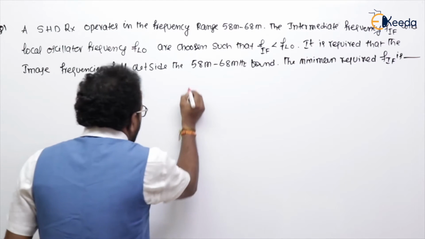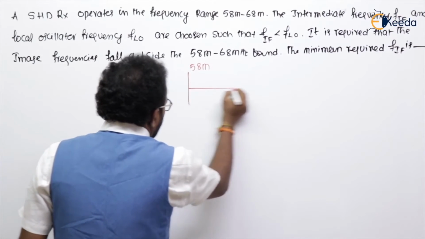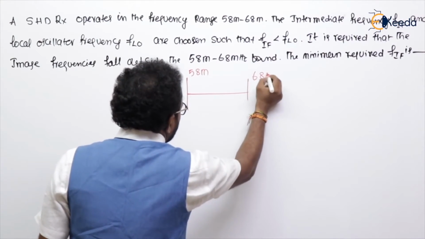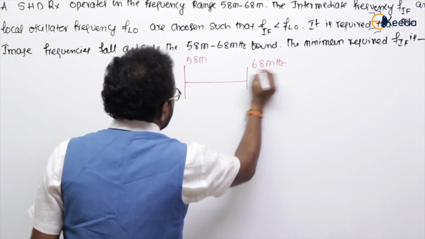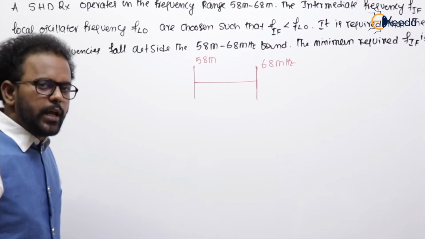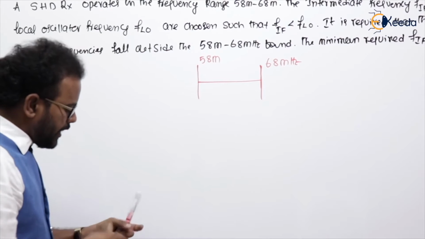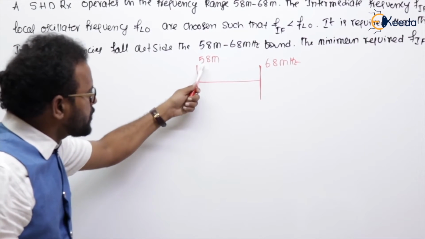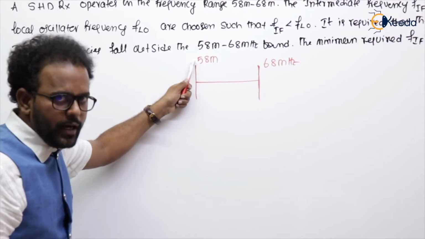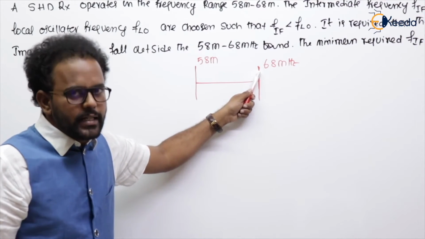What is it saying? We have a superheterodyne receiver operating from 58 MHz to 68 MHz. Choose the minimum value of IF such that the image has to come outside that range. Means if you are operating your superheterodyne receiver at 58 MHz, the image has to come after 68, or ideally at 68.